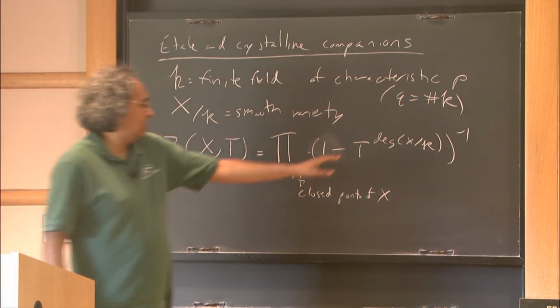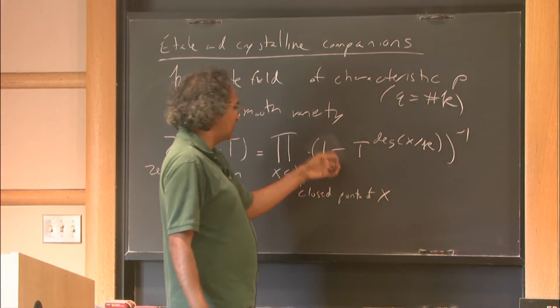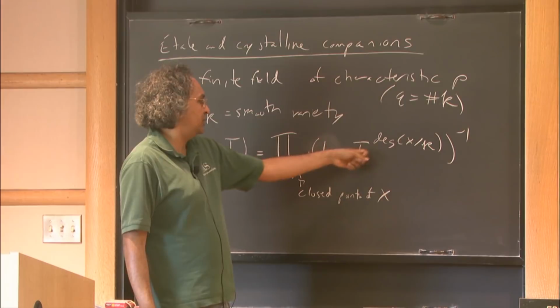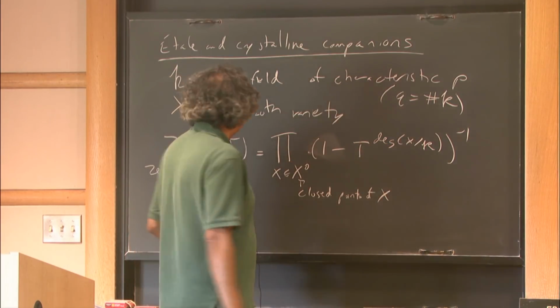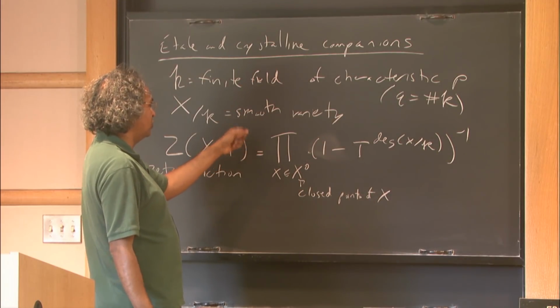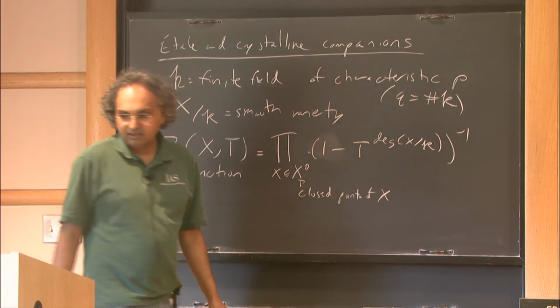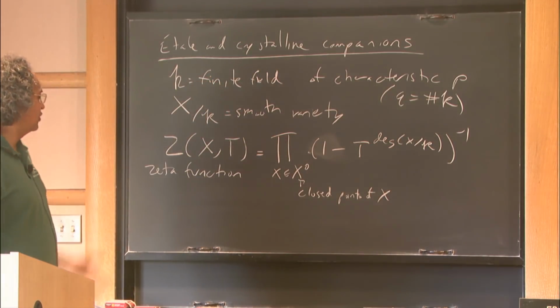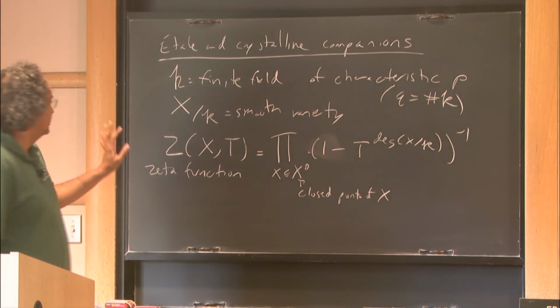So this varies, and the fact that this factor varies is analogous to the fact that when you form the Riemann zeta function, you have 1 minus p to the minus s, and so it's the p that's varying. If for t you were to put q to the minus s, this would look much more like a Deligne zeta function, and you can even make a common definition for schemes of finite type over the integers, but never mind.